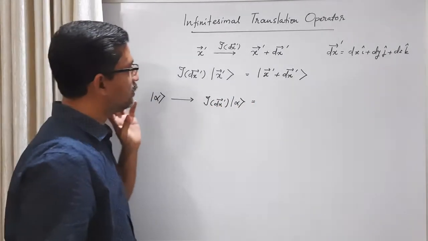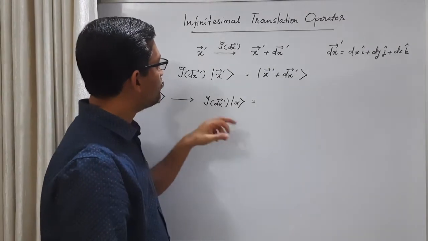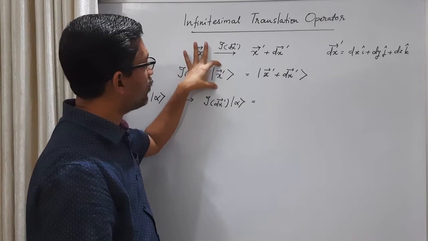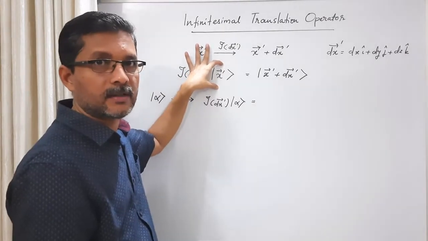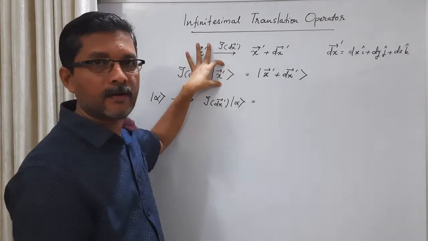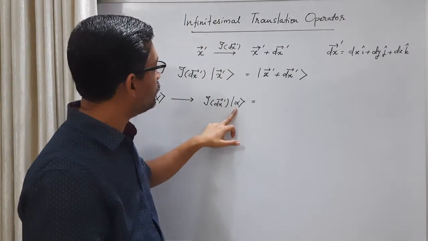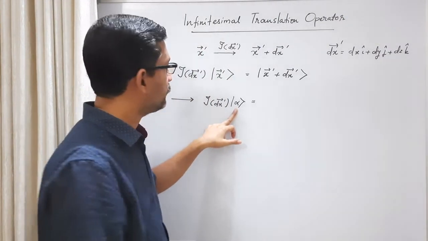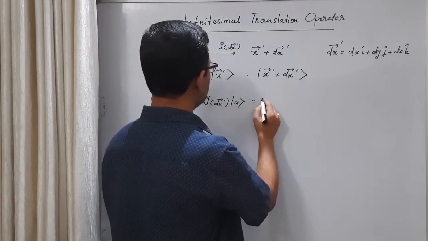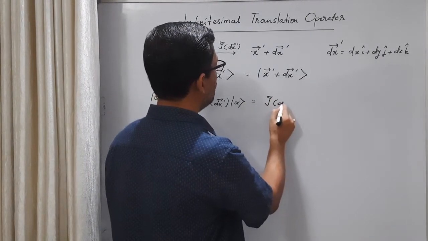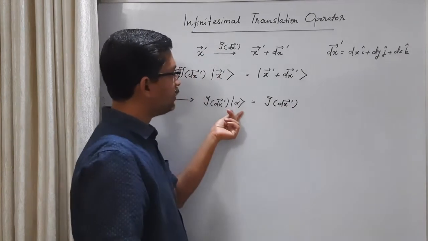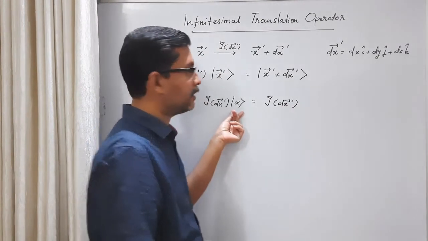Let's try to understand this action. First of all, we know the action of the infinitesimal translation operator on a base ket, which is the position eigenket. So what we can do is expand this ket alpha in terms of position eigenkets. We know how to do this.